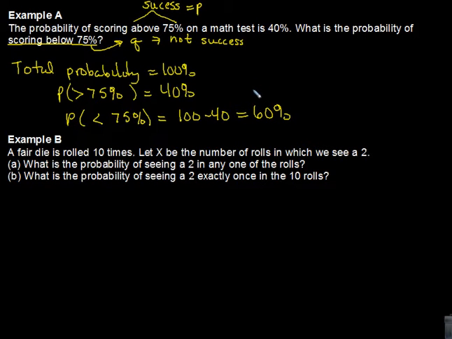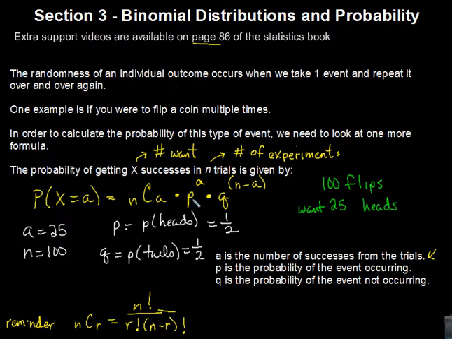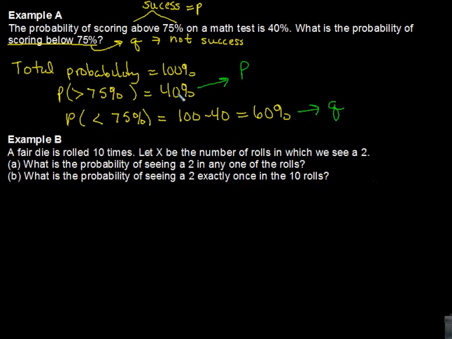In our equation with multiple experiments, this is going to be P, this is going to be Q. So if we were looking back at this formula over here, that's P and Q. So we'd put a 0.4 in for P and a 0.6 for Q. Does that make sense? Okay.